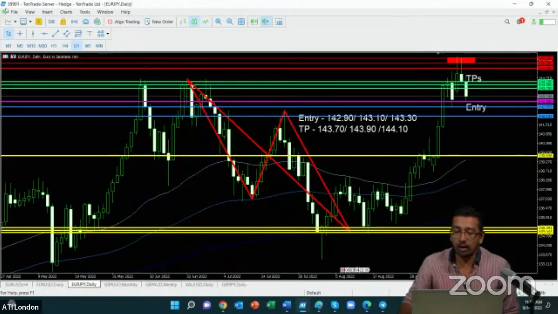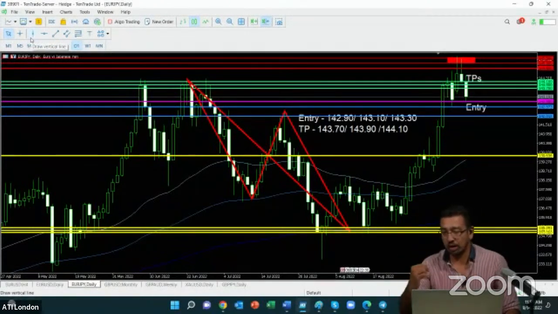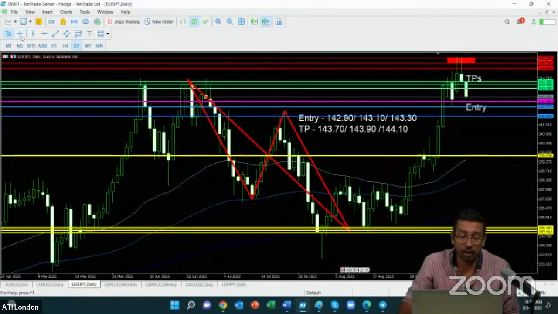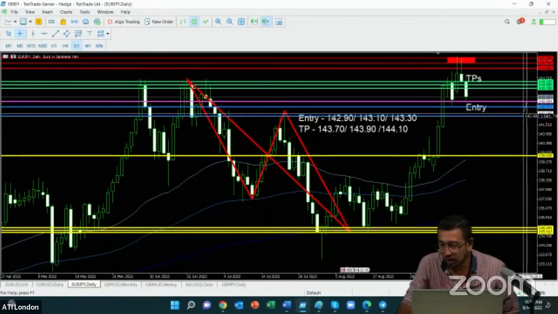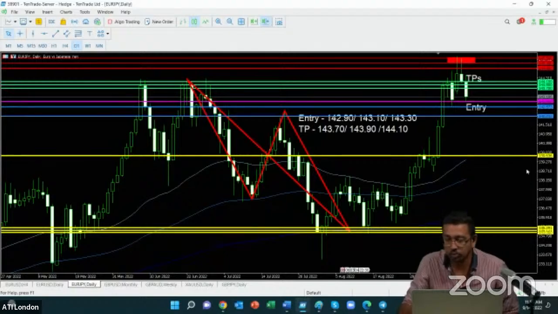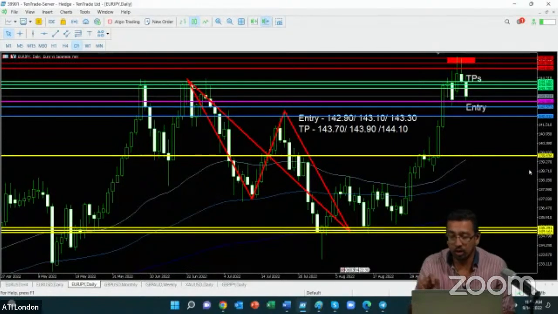So if you're taking that whole trade, entering at 142.90, a pending order would be ideal, and then taking profit at roughly 142.10, you're looking at about 78 to 80 pips. So that's quite a nice number of pips to bag with that trade right there.